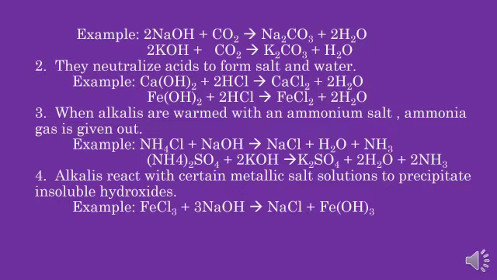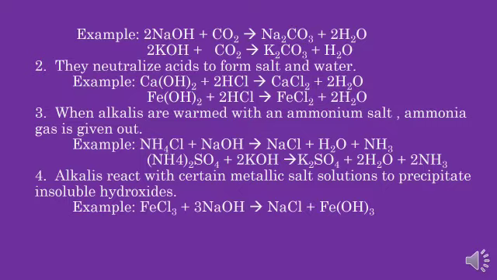Point number 3. When alkalis are warmed with an ammonium salt, ammonia gas is given out. Example, ammonium chloride when treated with sodium hydroxide gives sodium chloride, water and ammonia gas. Similarly, ammonium sulfate with potassium hydroxide gives out potassium sulfate, water and ammonia gas.